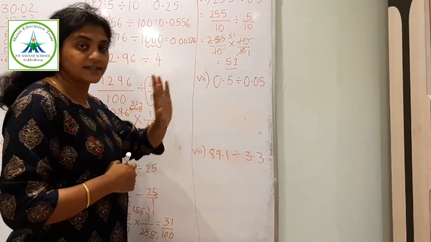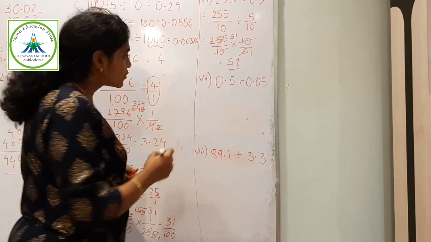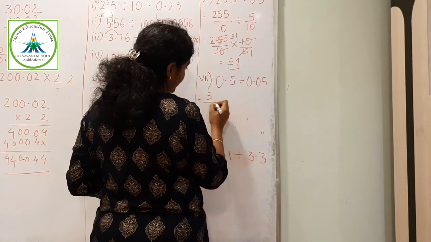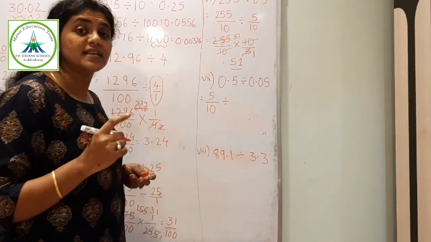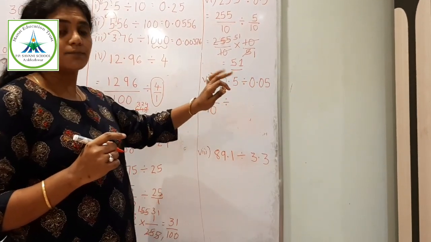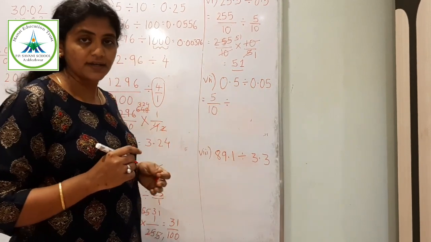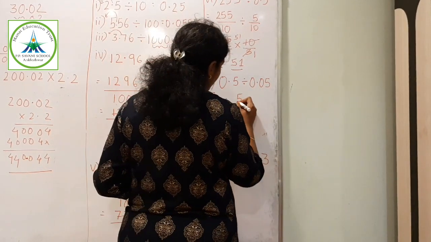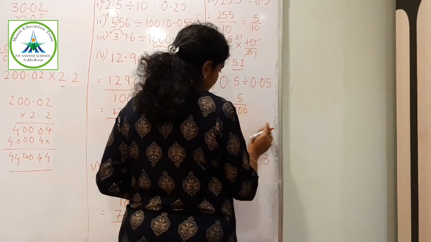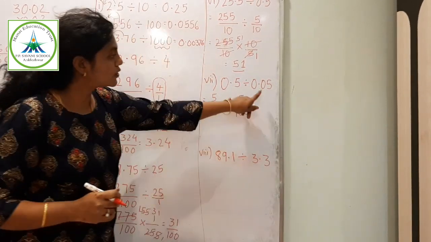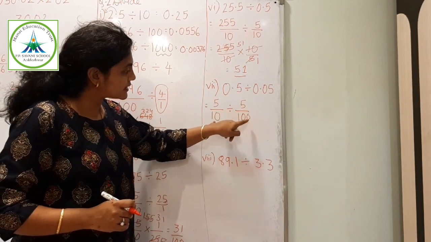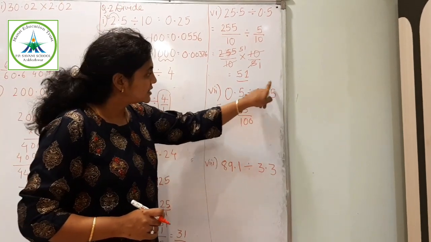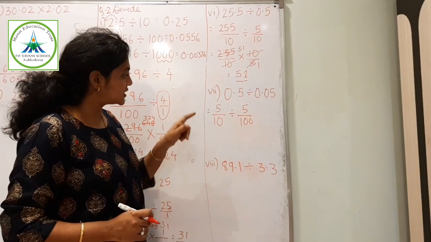Before one digit the point is there, so I will divide 5 by 10. 0.05 means before two digits the point is there, means 5 by 100. It has shifted towards the left.